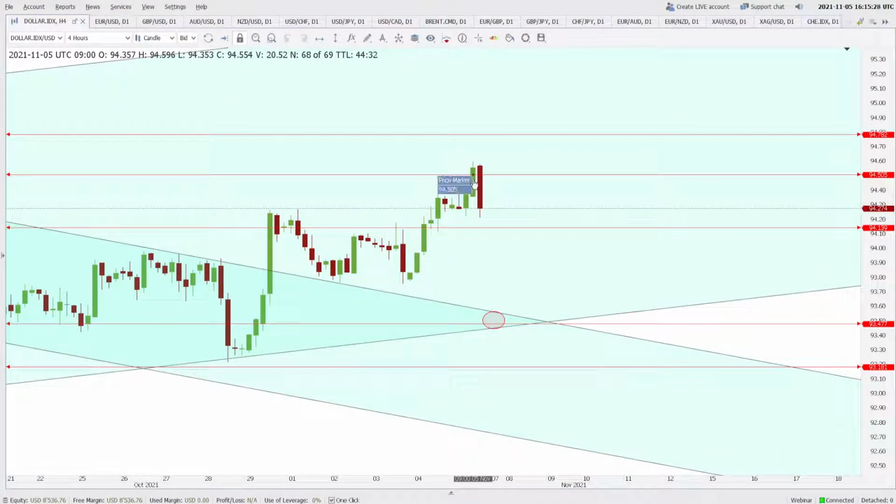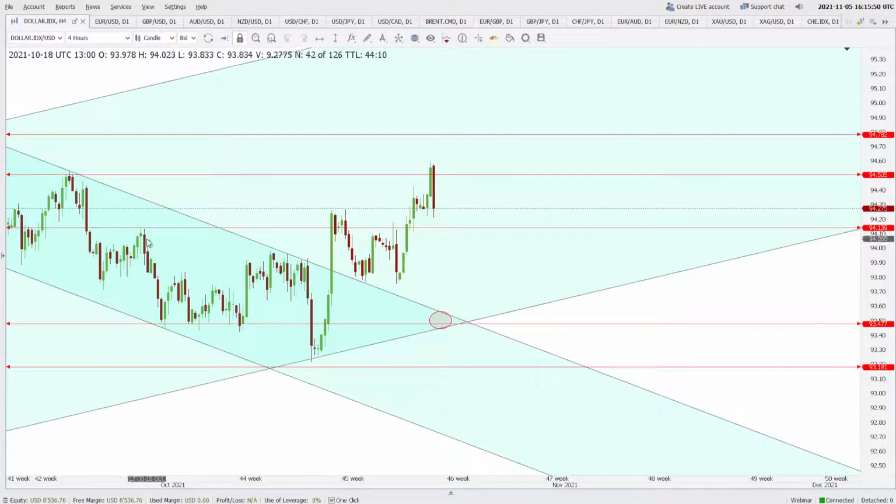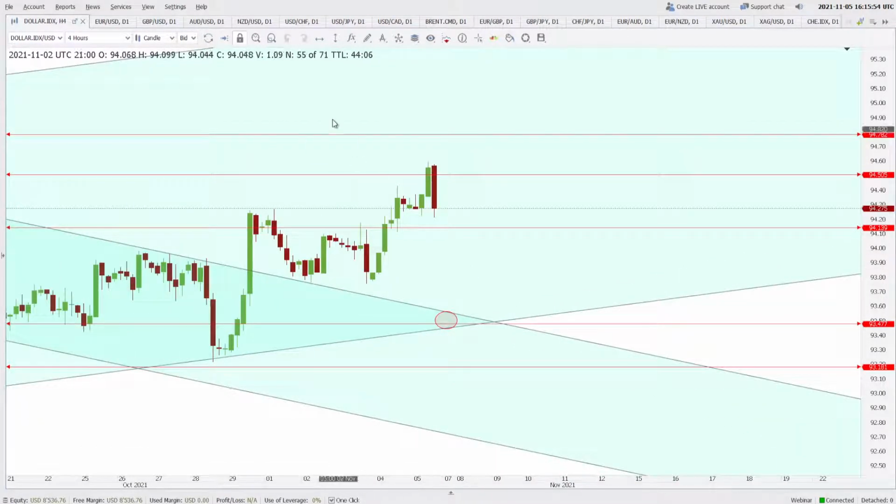It went to 94.50 but could not sustain that value because the sellers emerged and started selling their dollars to push this index back to 94.27. Now the support is still at 94.13, which previously was the resistance level, and now it should act as a support, because if a resistance is broken, it starts acting as a support for that particular asset.